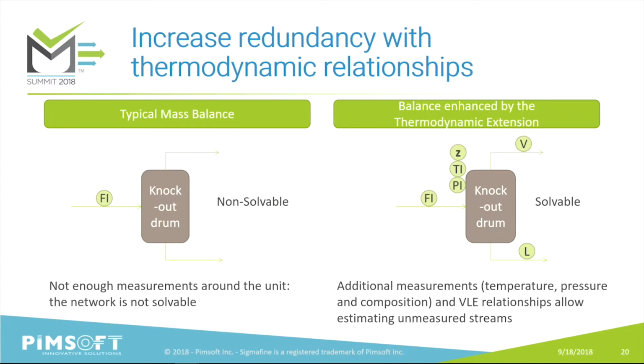For example, in this case, on the left, you just have one variable. That's not enough information to know what is coming out as vapor and liquid. But once you apply the VLE relationships for those conditions, you will be able to estimate and get more information. So it's probably not redundancy, it's more observability, right?